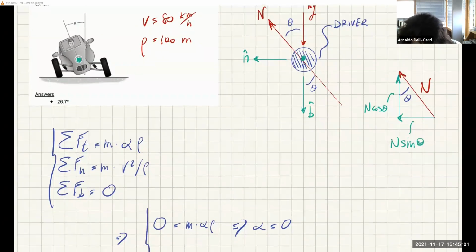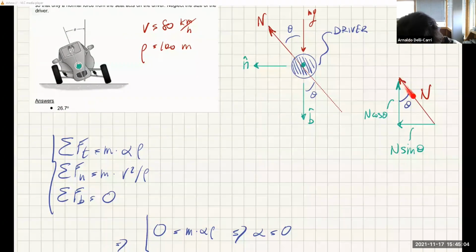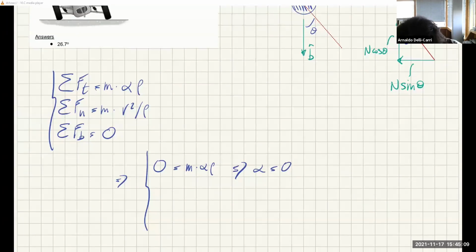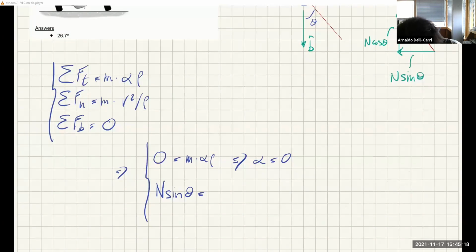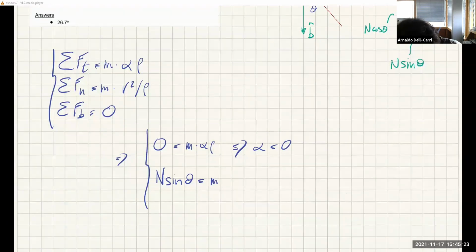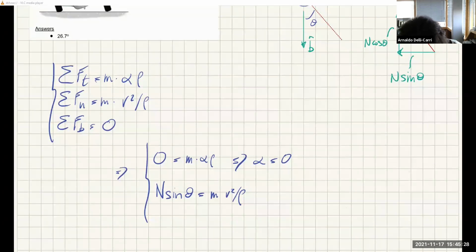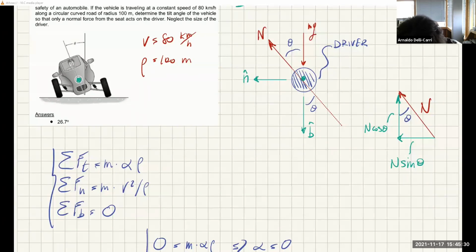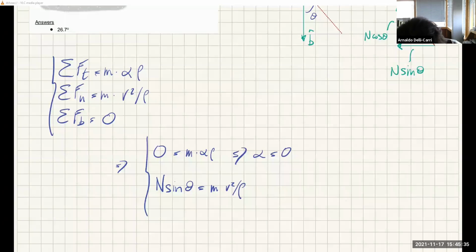In the n direction, we have the normal force as a normal component, which is positive. So n sine theta equals, and that's the only force in the n direction, m times v squared divided by rho. And in this other direction, in the b direction, we have mg minus n cosine theta equals 0.